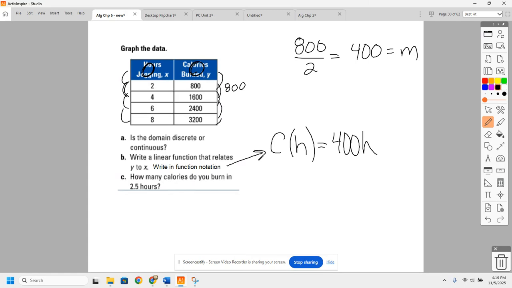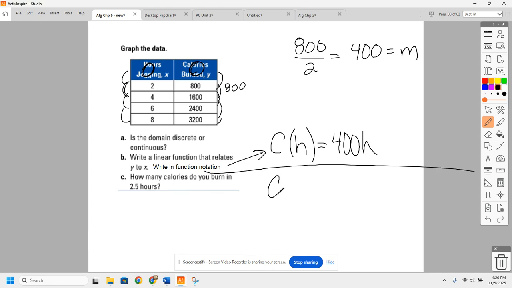How many calories would I burn in 2.5 hours? So my question to you is, where do I put the 2.5? Hopefully you're screaming at the screen and say, hey, in for the H. You're going to put the 2.5 in for the H because it's hours. So question C. It's going to look something like this.